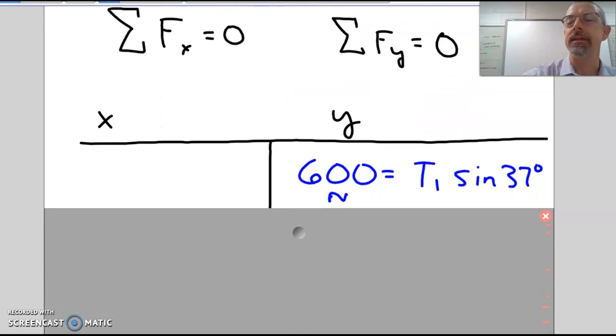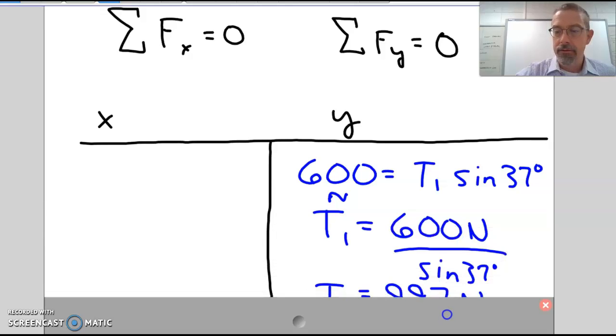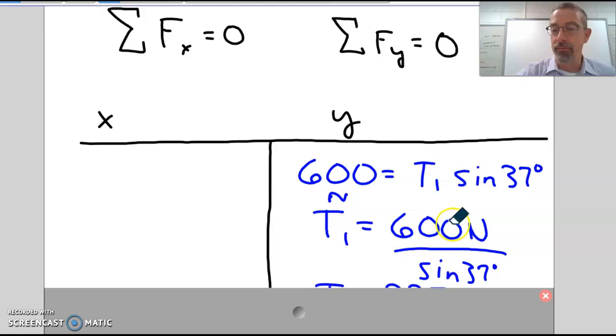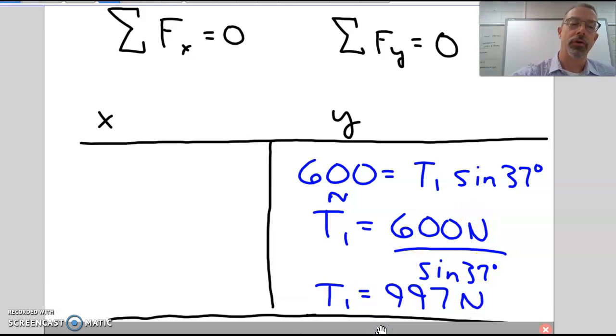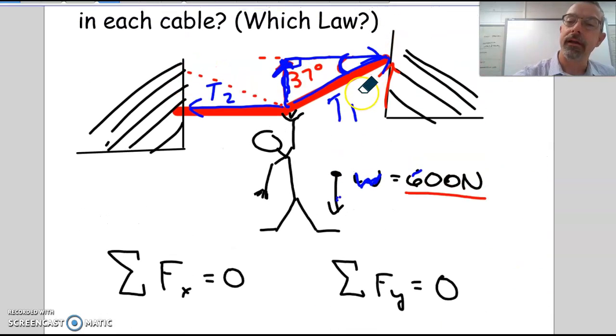So I can say that T1 sine of 37 equals 600 newtons. So then T1 equals 600 newtons divided by the sine of 37. And so the tension in this first cable has to equal 997 newtons here. So I'll write that in.